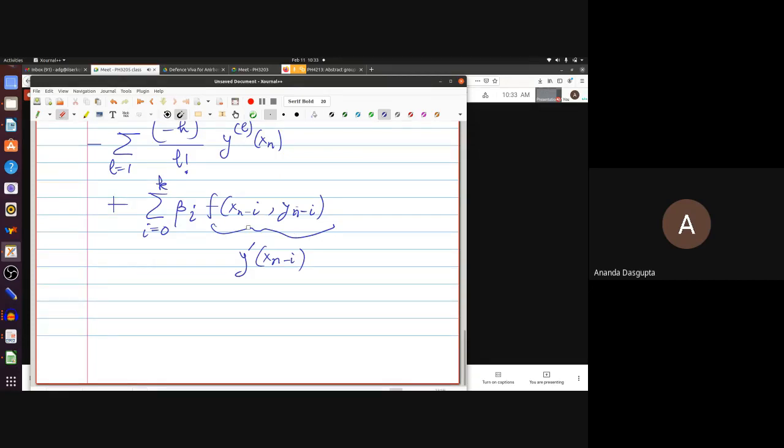This one is going to be the sum over L equals 0 to infinity of minus IH to the power L by L factorial. Is everybody okay with that? I'm just replacing the bracket here, which can also be written like this.